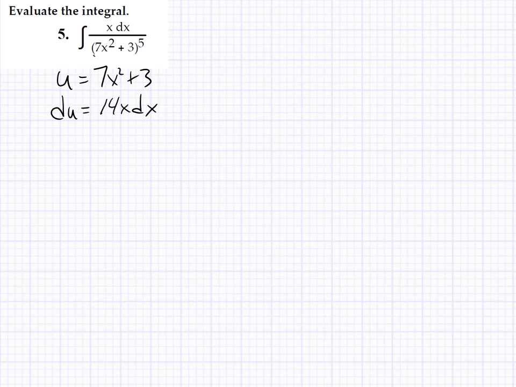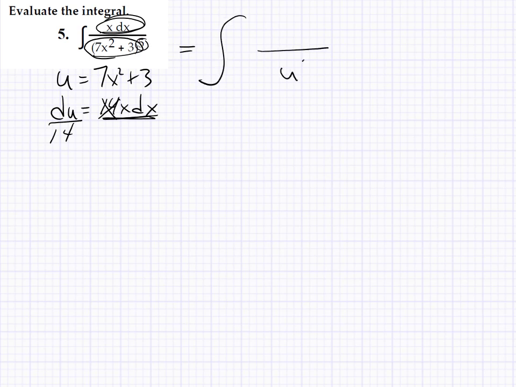Now notice, if this comes out to be u, that'll be u to the 5th. What's left over is this x dx, but I don't have this to be x dx. I have 14x dx. So I can easily move this 14 over to the other side by dividing, in which case this integral will become the integral of u to the 5th under du over 14.